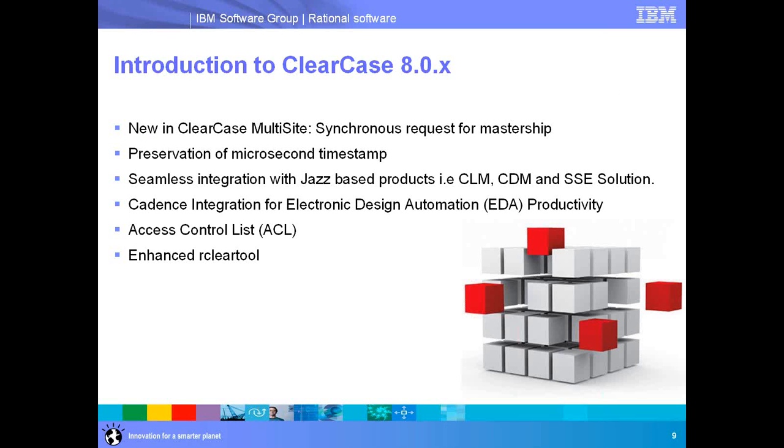Coming to the next slide. In continuation, we also have something called synchronous request for Mastership in 8.0. Just to brief about this, in the existing version, whenever you are working in a multi-site environment and you have to check out a file, you obviously need to have the local Mastership. When you don't have the Mastership, you would do reqmaster to get it from the remote site. Until the sync happens and you receive the local Mastership, you are not allowed to go ahead with the checkout.